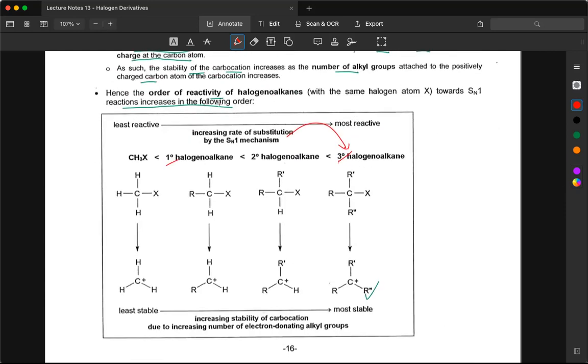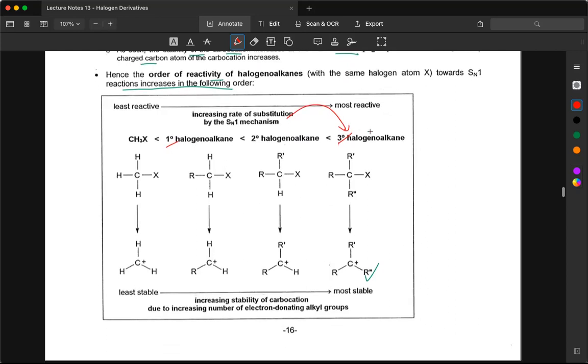The order of reactivity of halogenoalkanes toward SN1 reactions increases in this order. The tertiary one, the most substituted, has the highest reactivity, and the methyl one, without any alkyl group bonded to the alpha carbon, is the least reactive.